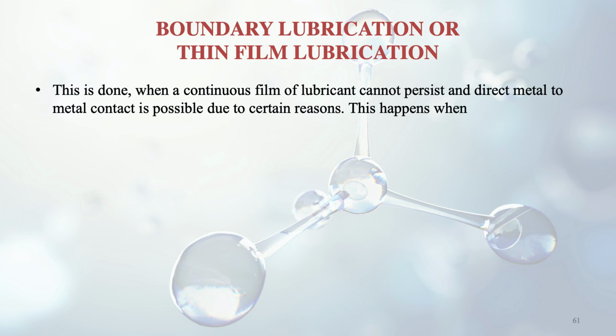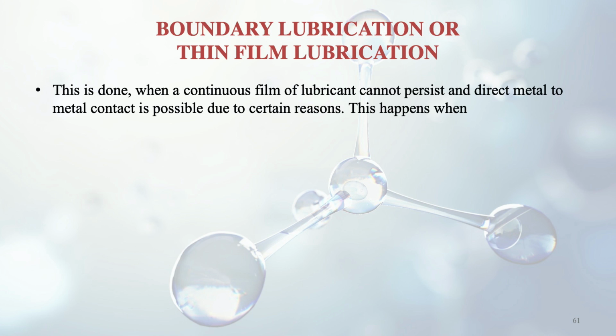Then comes the second type of lubrication, that is boundary lubrication or thin film lubrication. Here, when a continuous film of lubricant cannot persist and direct metal to metal contact is possible, then we have to use this.